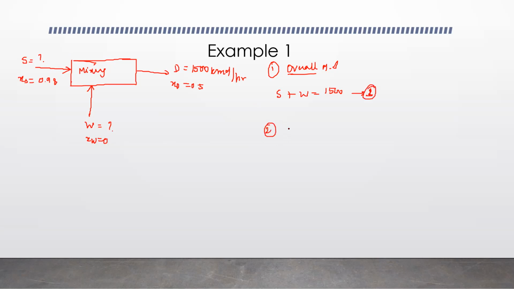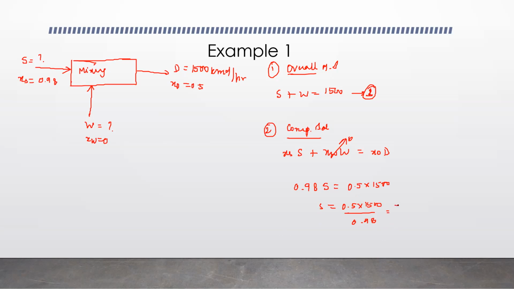The second equation we are going to form is the component balance: XS S plus XW W is equal to XD D. Now XW is 0, so this entire term becomes 0, hence we get 0.98 S is equal to XD, 0.5, times D, 1500, hence S is going to be 0.5 into 1500 upon 0.98.